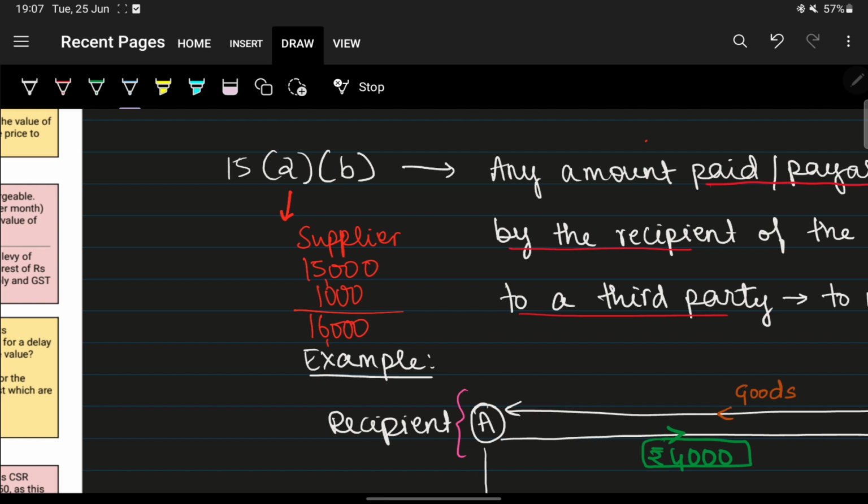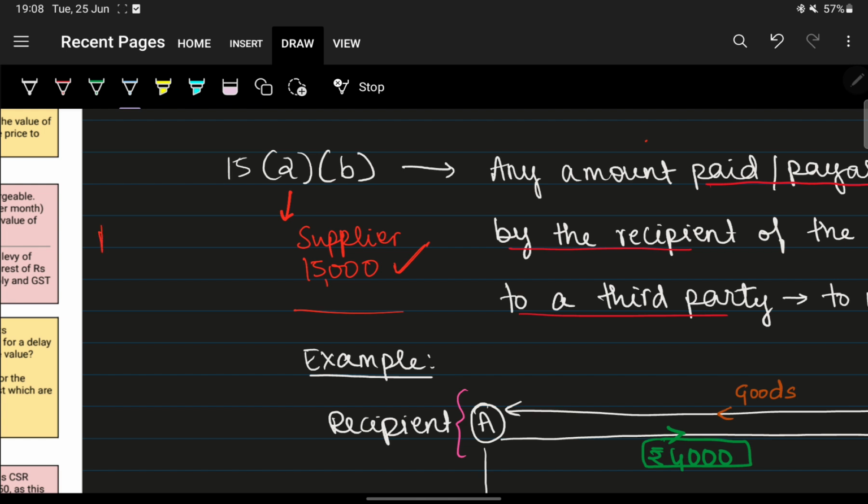Unless there's some offer going on, or if that supplier is filthy rich, he will obviously not cover this expense. He will obviously add it to the cost of the recipient. So since this 1000 rupees is borne by the recipient, it will get added to the supply.